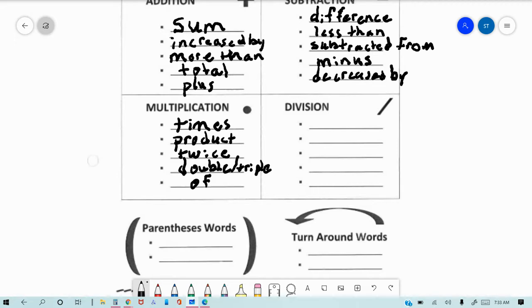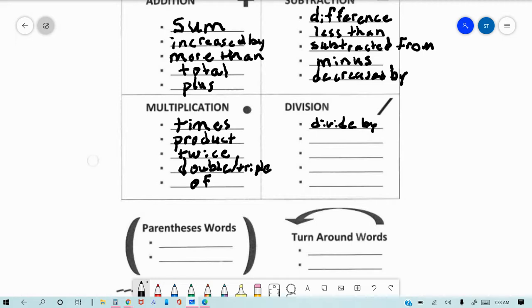Okay, all right, so in division, you're going to see, and these are the signs, so that would be your division sign. You're going to see divided by, and you see how that's pretty close to this decreased by. So remember, addition and multiplication are similar, and subtraction and division are similar.